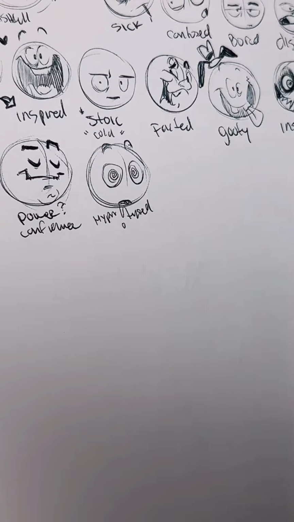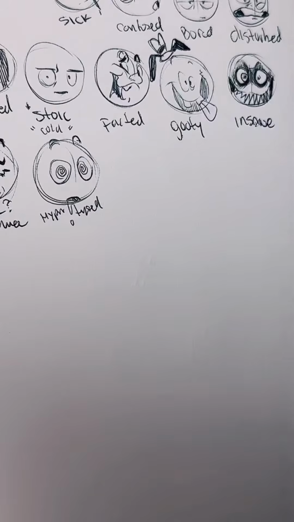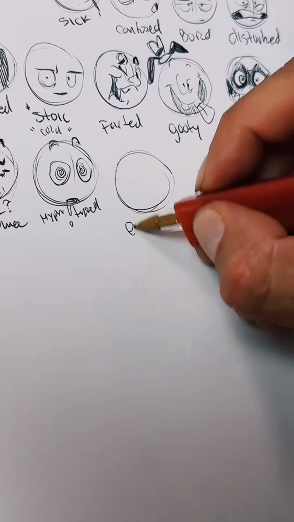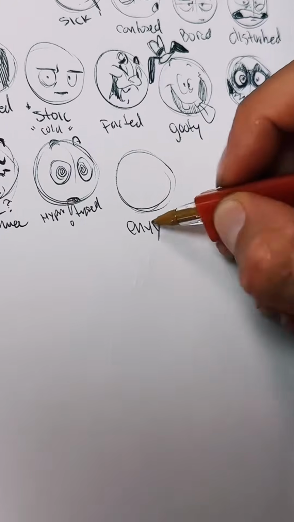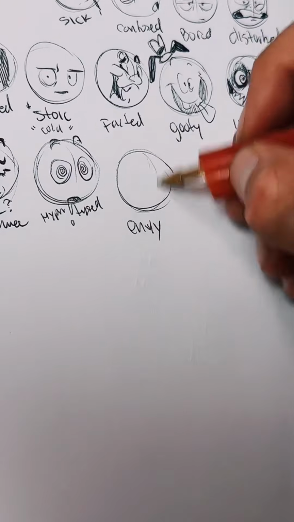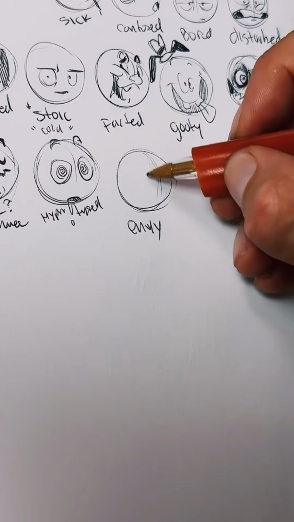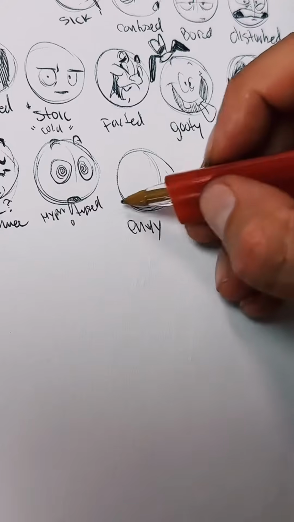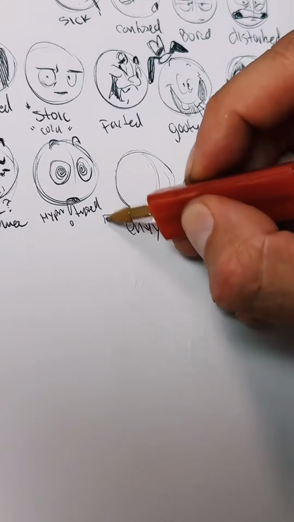Envy. Did we already do envy? No, we haven't done envy. So let's do envy. So envy would be like someone getting all upset because somebody else has something that they don't have. So let's draw a little piece of cake right here.